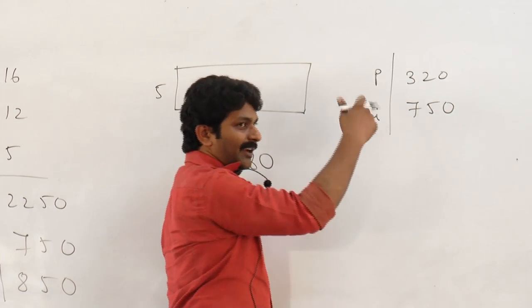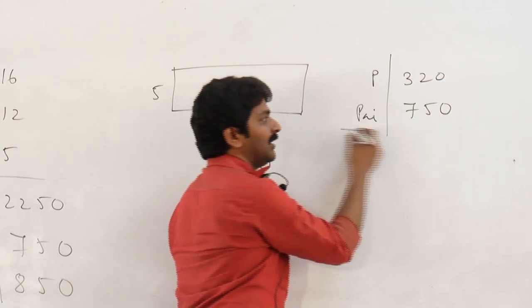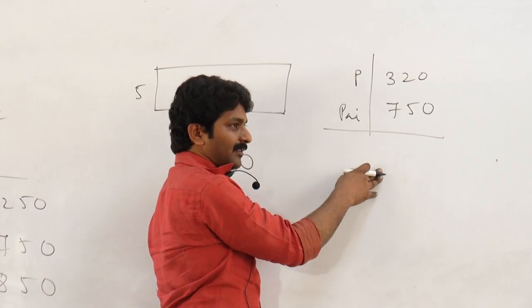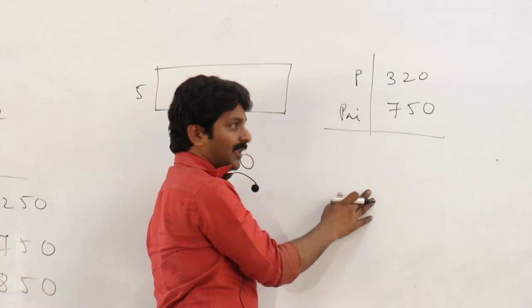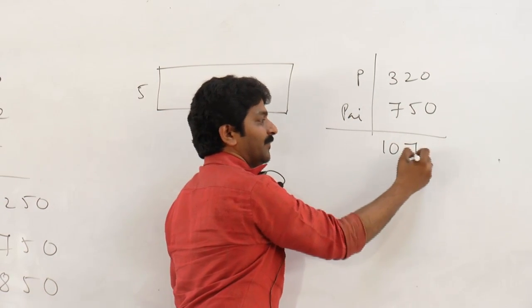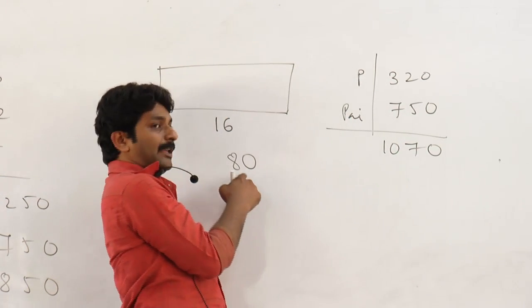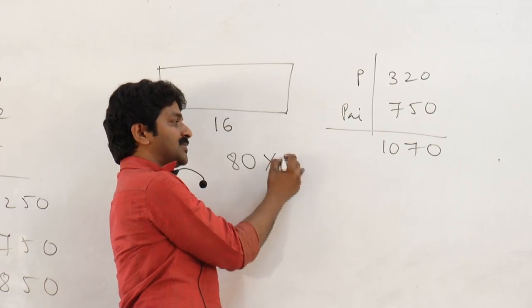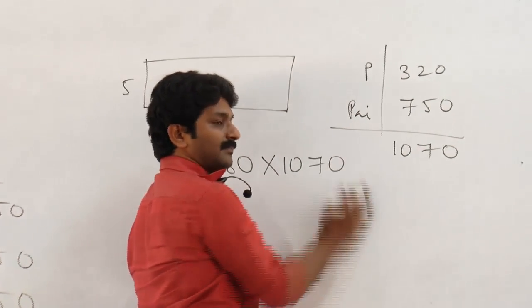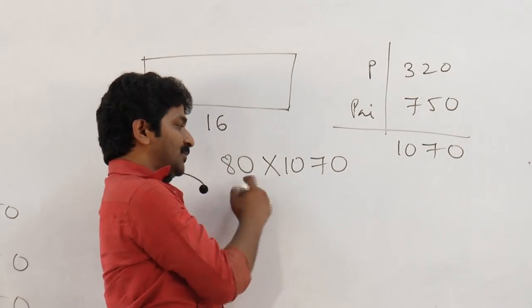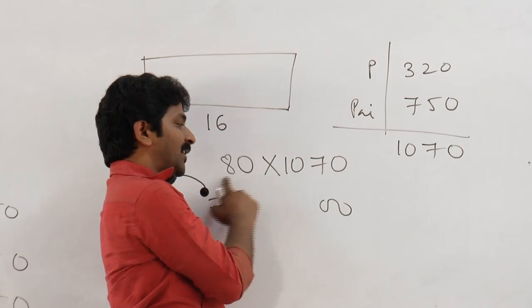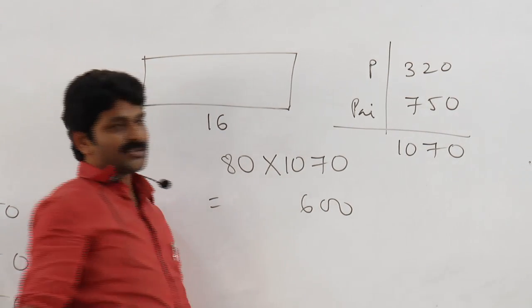So instead of calculating separate values and then going for addition, let me calculate total cost including painting and plastering together, which is 1070, and let me multiply our area 80 square meters with 1070. We have two zeros, 7 8 56. Answer should end with 600.